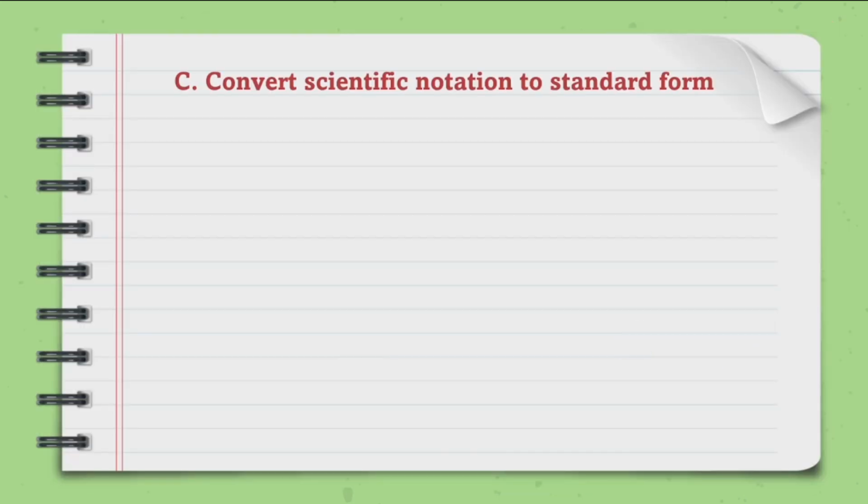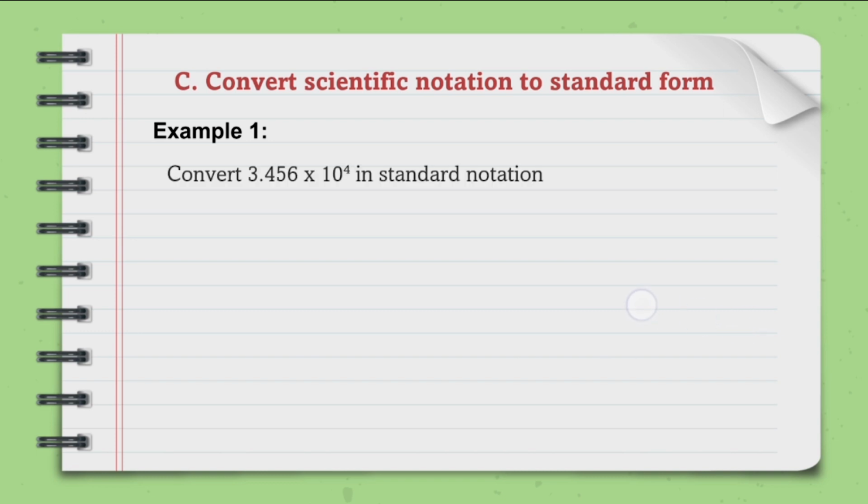And we have here letter C: how to convert scientific notation to standard form. Example 1: we convert 3.456 times 10 raised to 4 to standard notation. Solution: 10 raised to 4 is equivalent to 10,000.